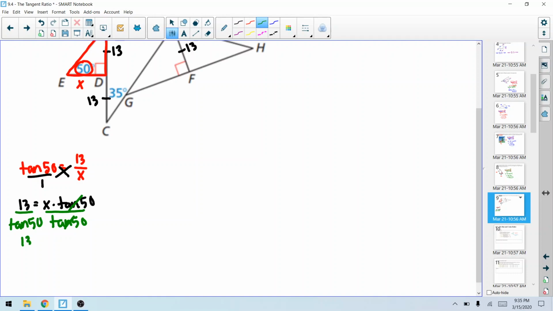So 13 divided by the tangent of 50 equals x, and then grab your calculator. 13 divided by tangent 50, I'm getting like 10.908. For the sake of simplicity, I'm just going to say let's round everything to the nearest whole number.